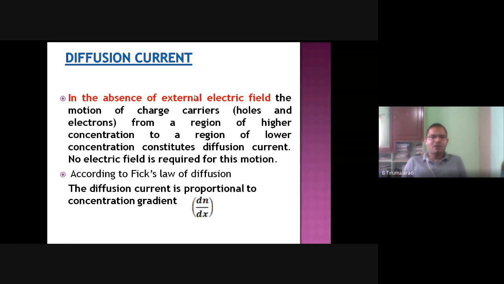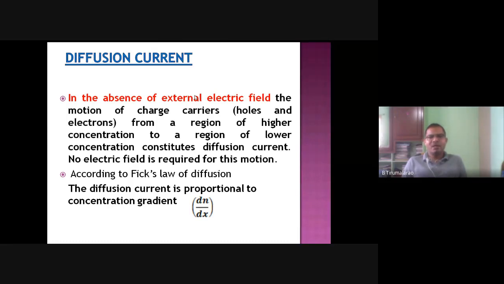As water and current flow due to differences in heights and voltages, in the same way in a semiconductor the holes and electrons also move from a high concentration region to a low concentration region. Whenever charges are transported from one place to another, that constitutes a current.